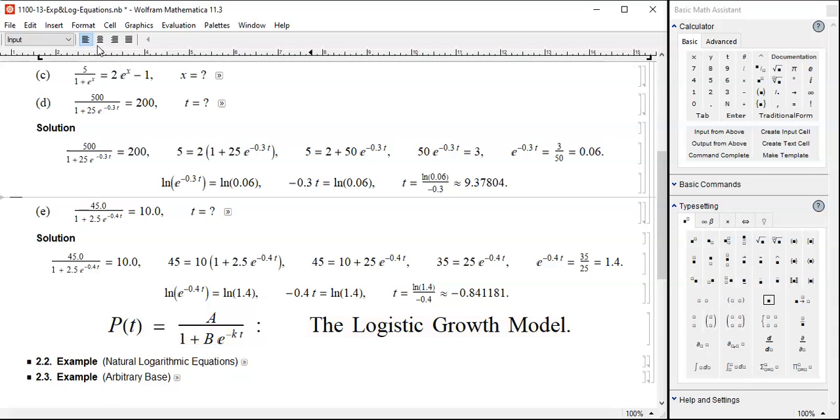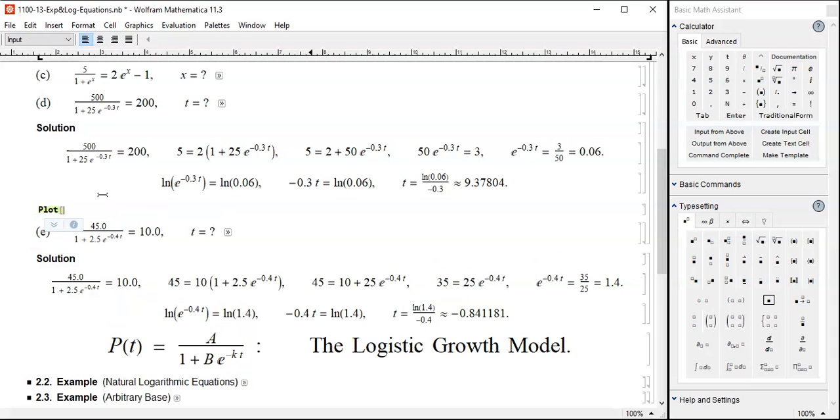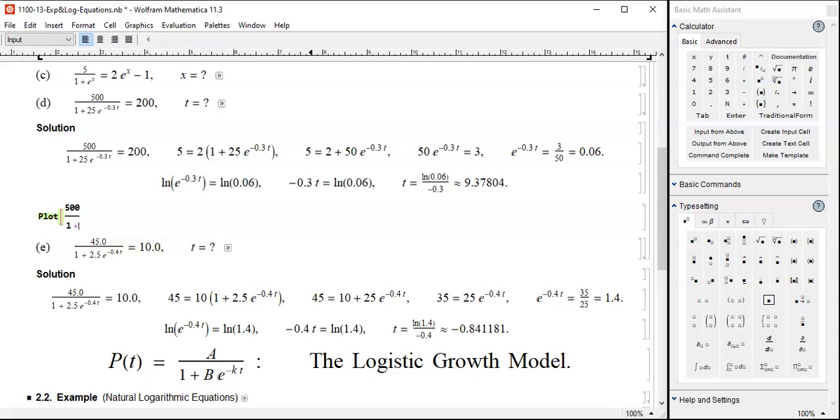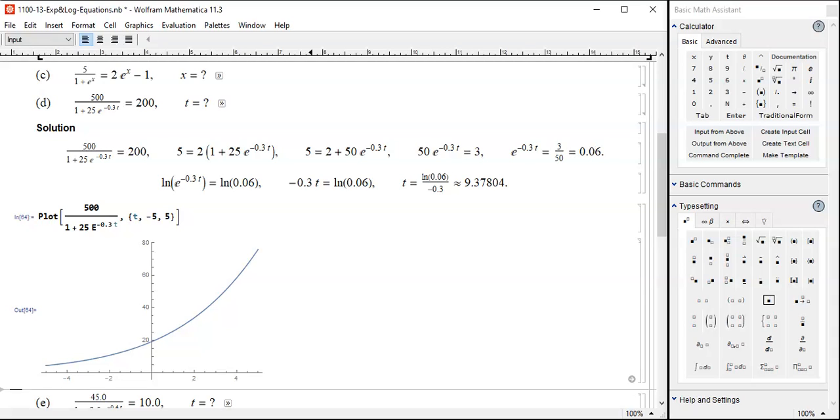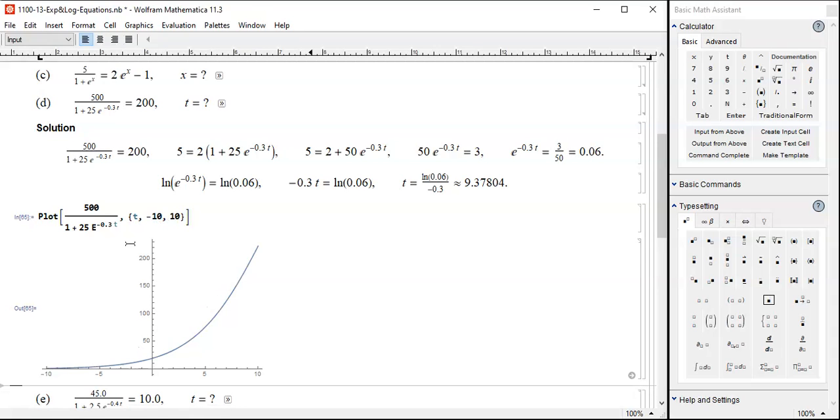Here's an example. Let's plot this. Okay, if I plot from -5 to 5, we get a nice exponential growth. Like this.